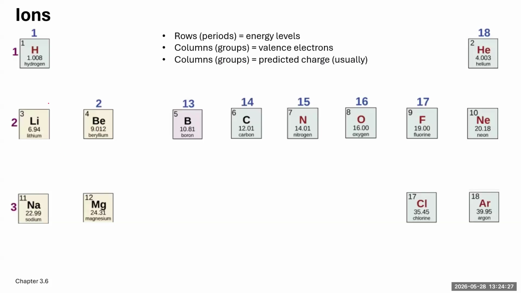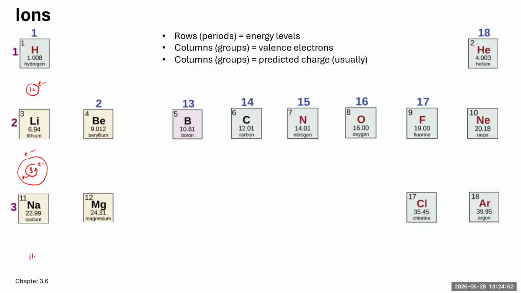And let's do a couple of these, and then we're going to kind of blast through this just to show you. But remember this, we had hydrogen was one proton, one energy level, one electron. Lithium was three protons, two energy levels, total of three electrons.